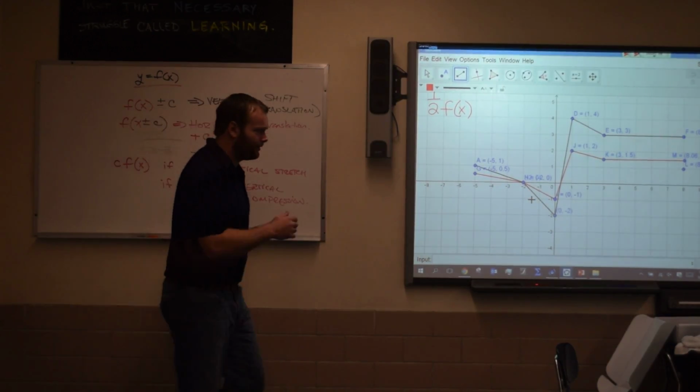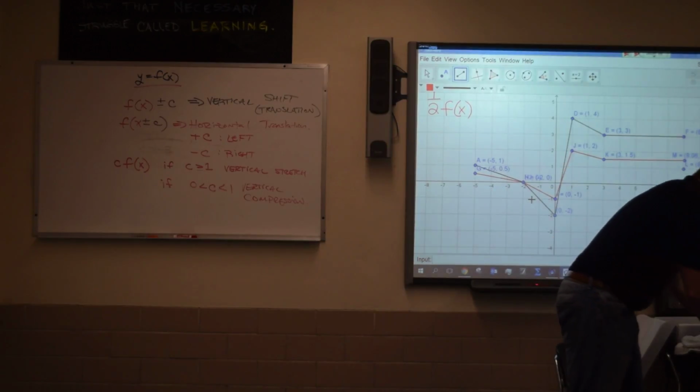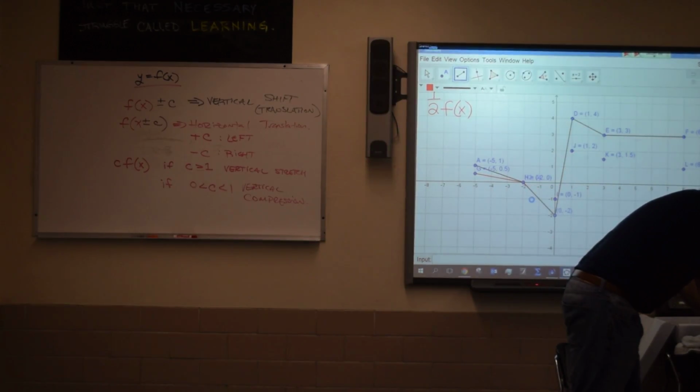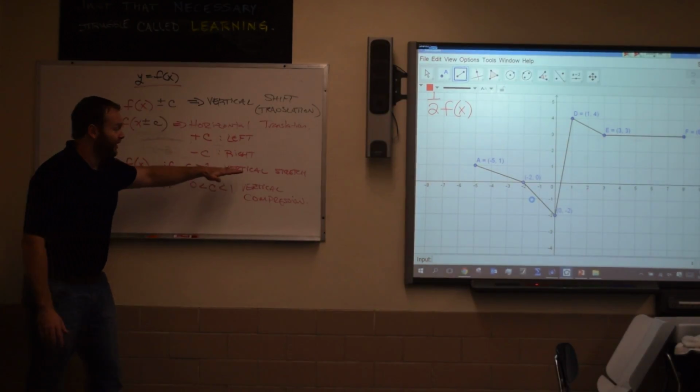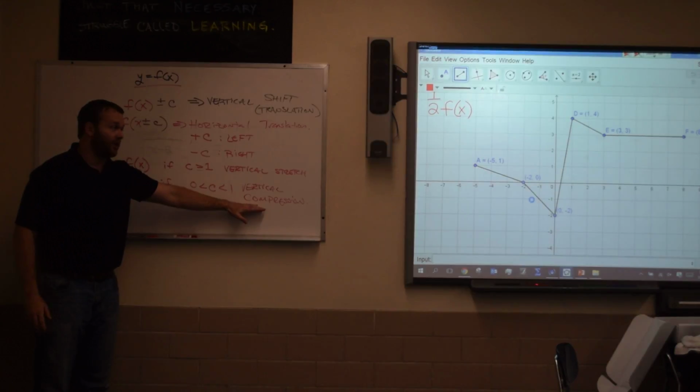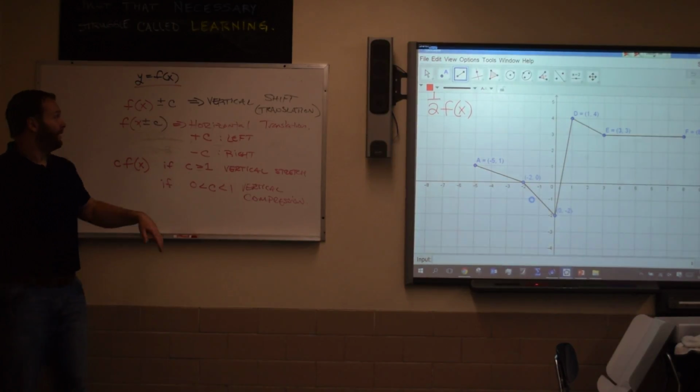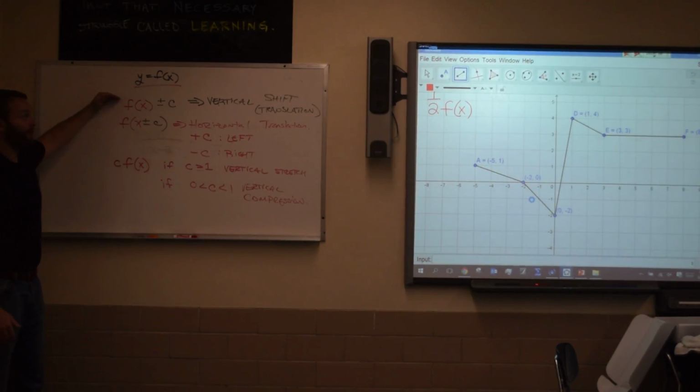Something that we talk about briefly at this stage with transformations is what happens to, we've done a vertical stretch, we've done a vertical compression. And if we compare what we've done up here, we did a vertical and then we went horizontal, right? So we should be able to go vertical and then have the same kind of relationship horizontal.